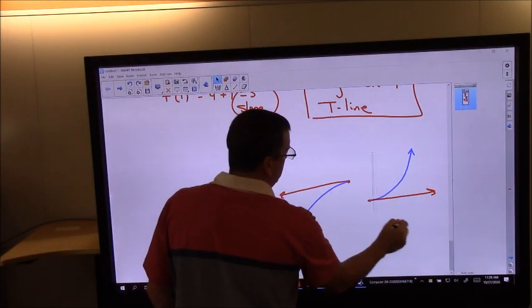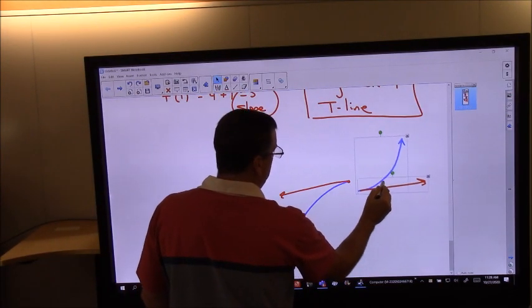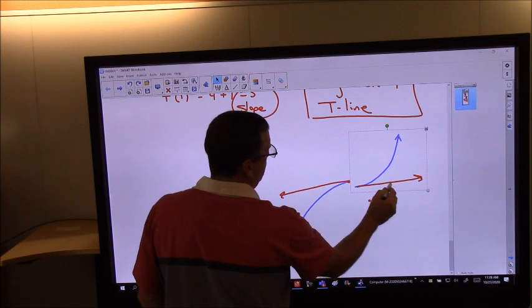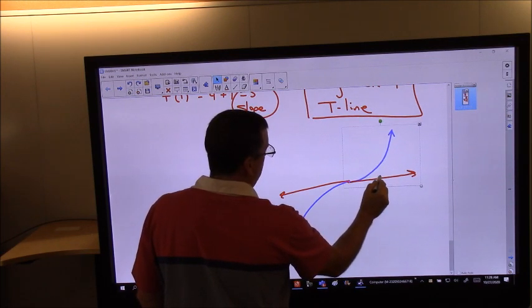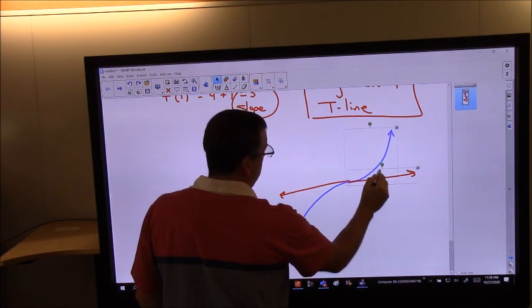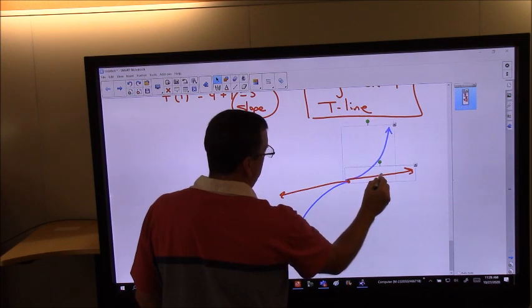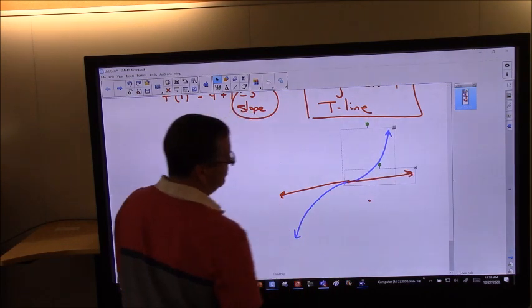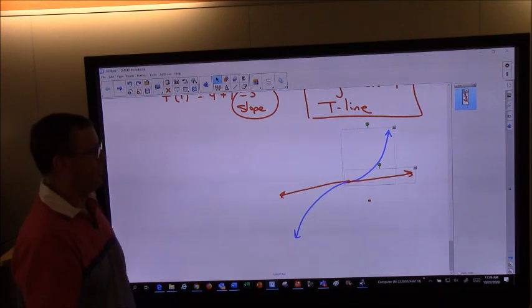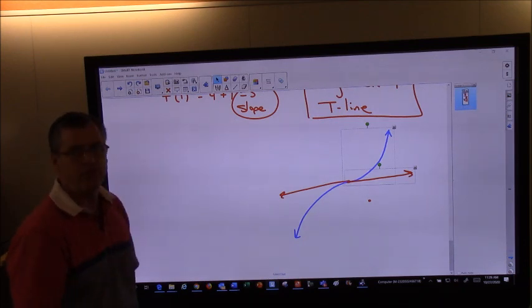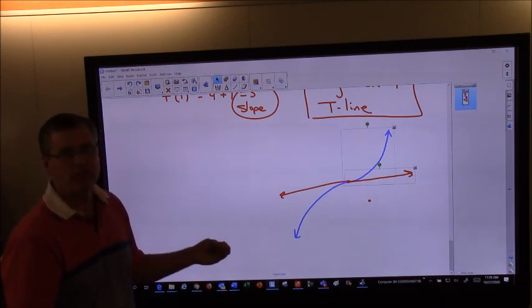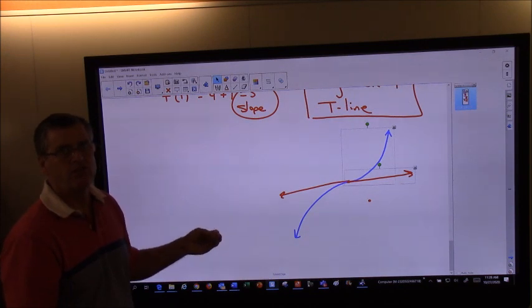So if I take this whole thing here and I slide it up, I lost my point, but that's okay. Something like that, it looks like that tangent line is going through that point of inflection. All right, so we can kind of see it.